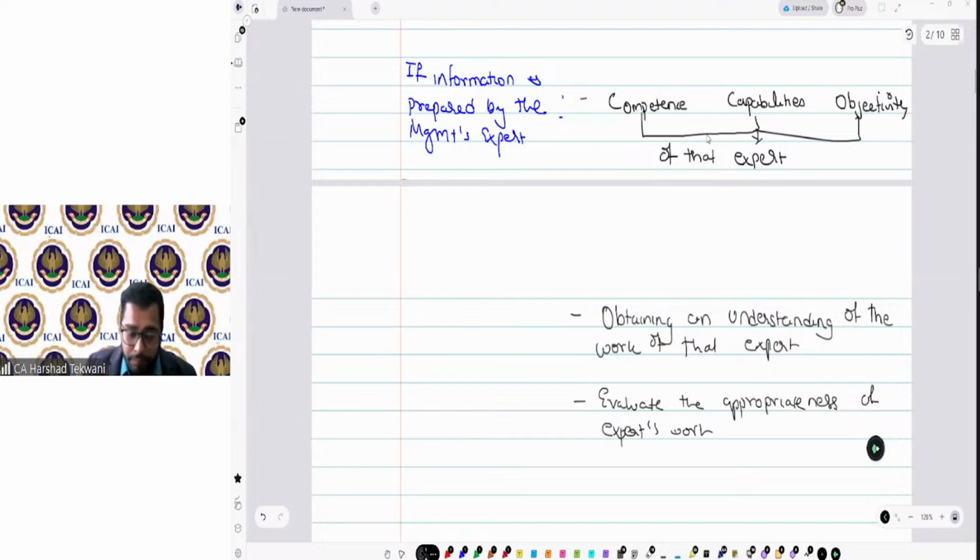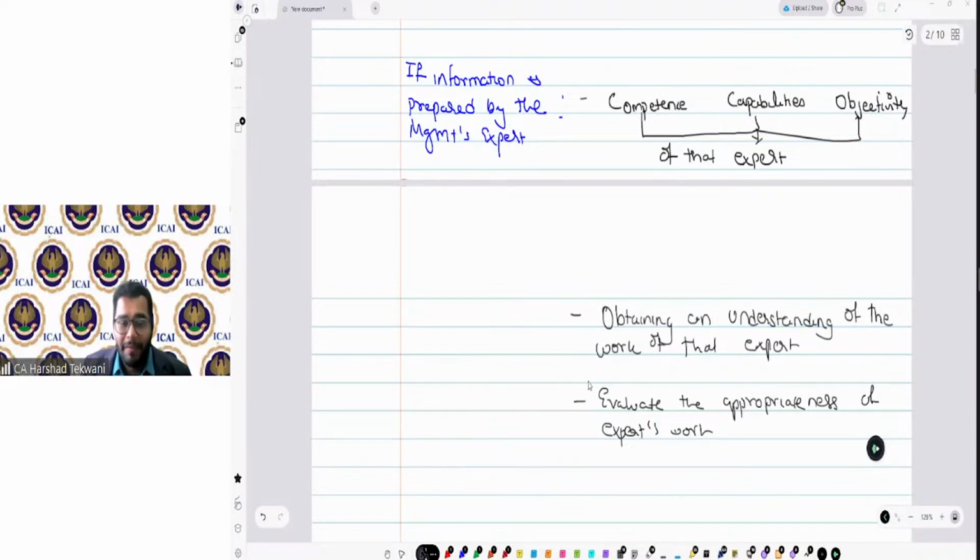Okay. Now, if that is the case, the question comes whether the working is appropriate for the relevant assertions also or not.